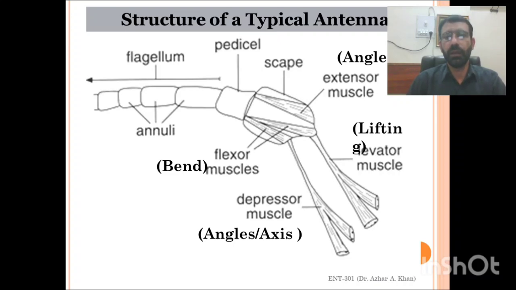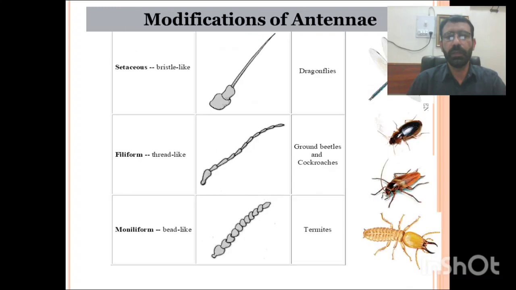So when an insect makes angles of the antenna, it will use extensor or depressor muscles. When the antenna is bent, the flexor muscles will be used, and when the insect elevates or lifts its antenna, the levator muscle will be used.